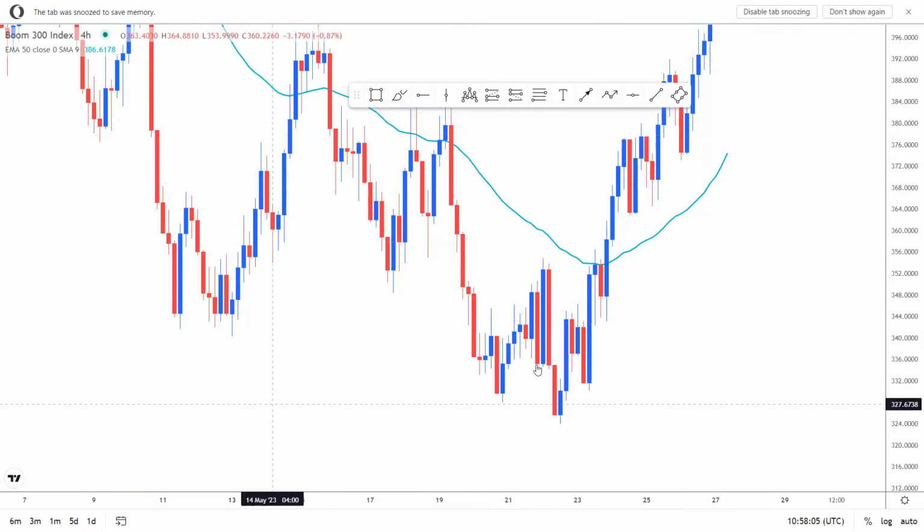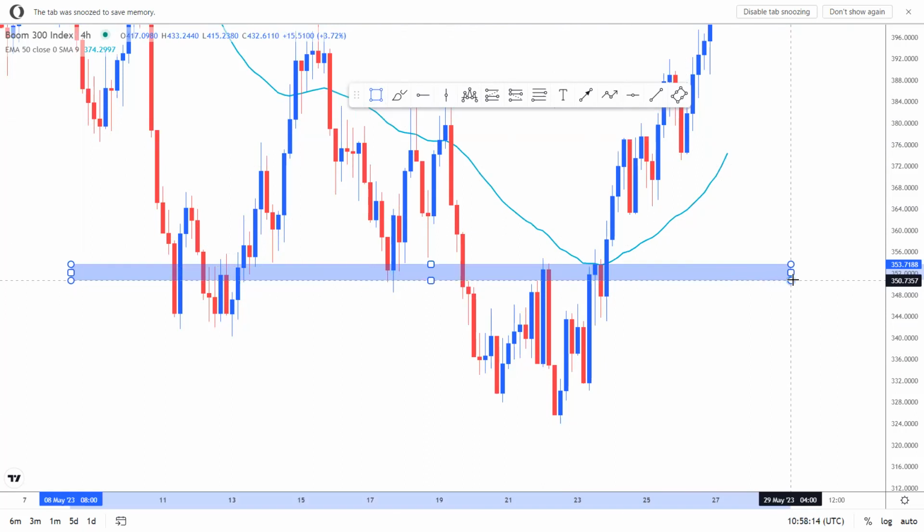Now, this is where, from the 4-hourly time frame, I want to look for what? Structure shifts.